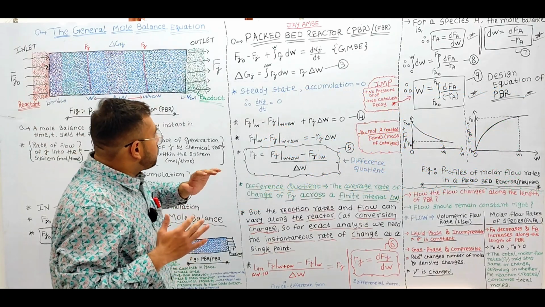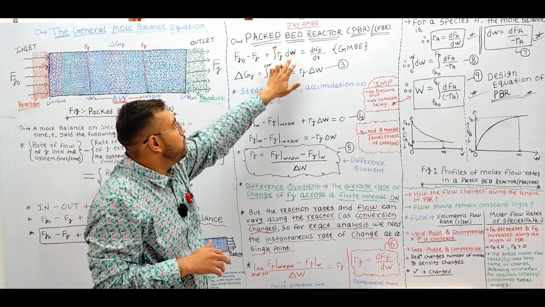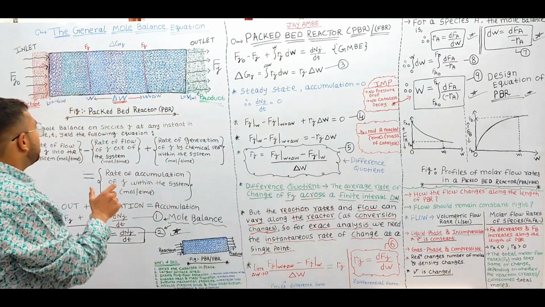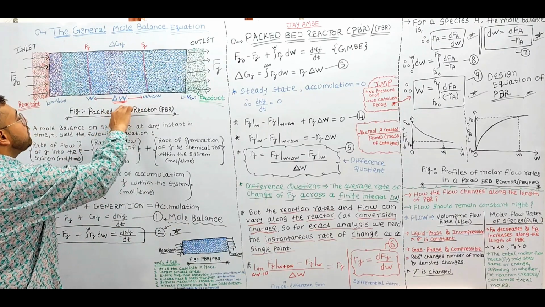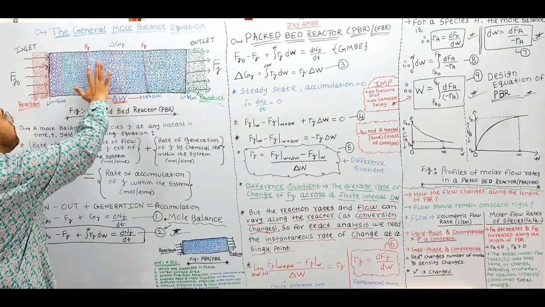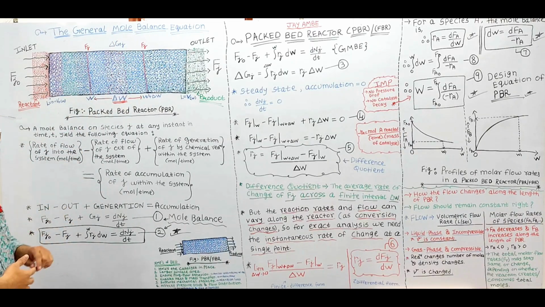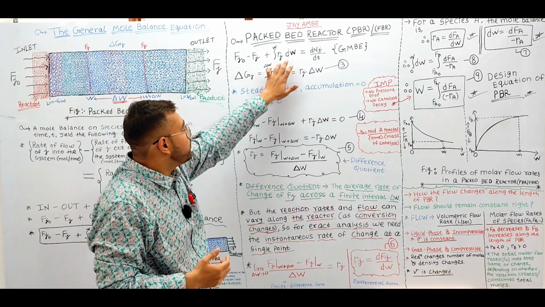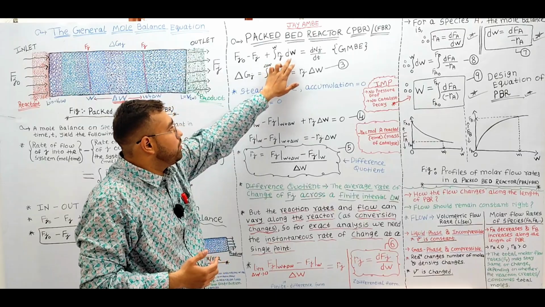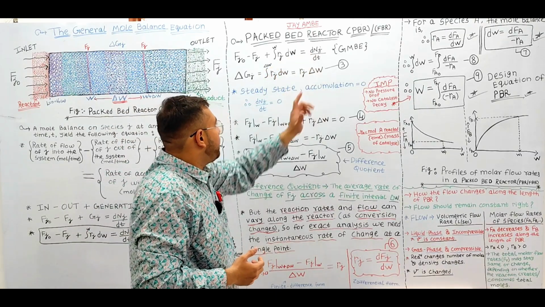For those reasons we are considering the integration of Rj dW, which means that with this differential element delta W, the rate of generation of any chemical species will be indicated by delta Gj. I hope you understood. So we can write the integration of Rj dW is equal to the accumulation term dnj by dt.